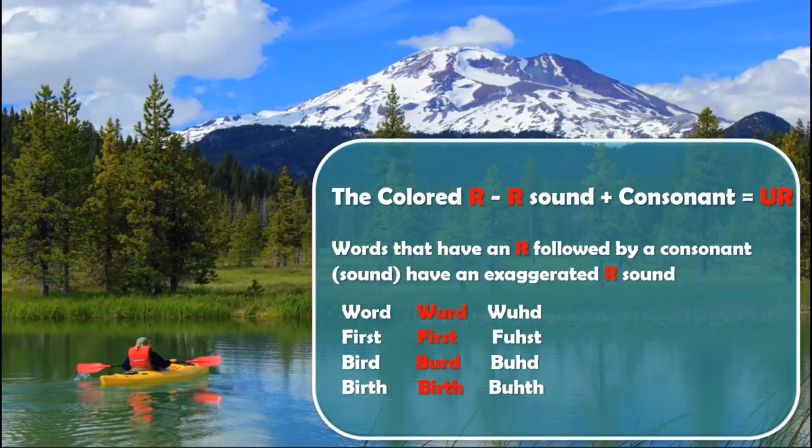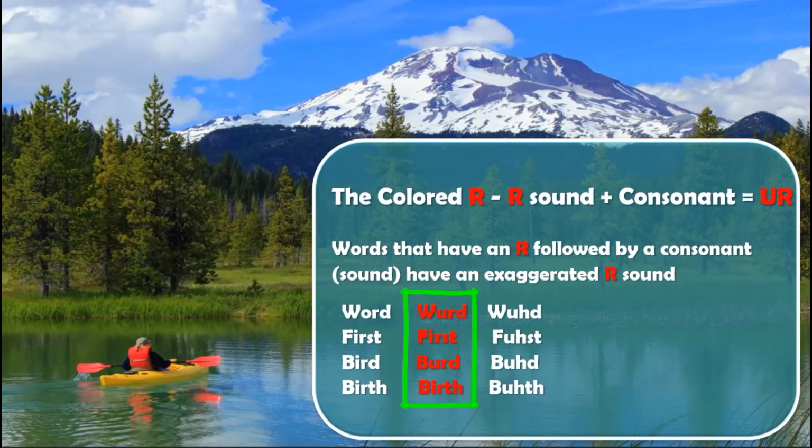Moving along, the next big difference you will find in the American standard accent is the colored R sound. The colored R sound is an R followed by a consonant, and this makes the sound er. It is an exaggerated sound, but we will see what it sounds like in these words below.